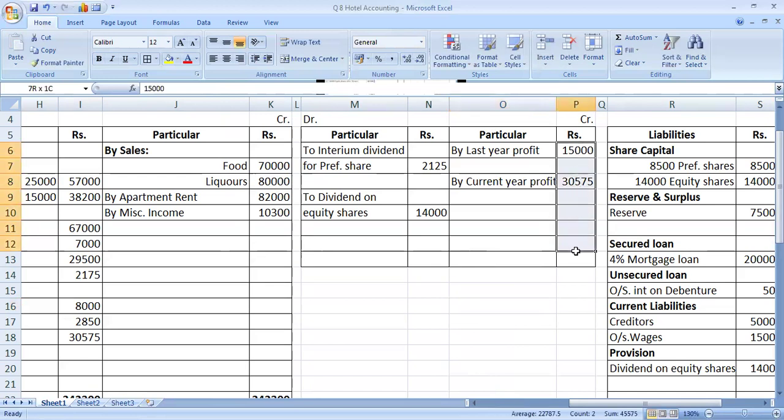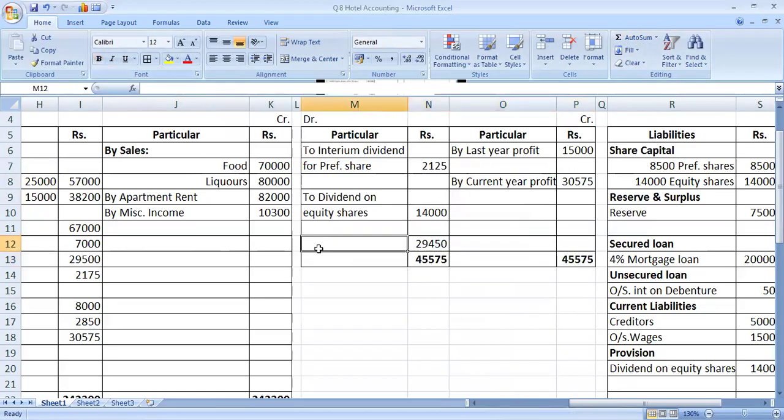Total of credit side profit and loss appropriation account 45,575, less debit side, that is the difference 29,450. Both sides are equal.